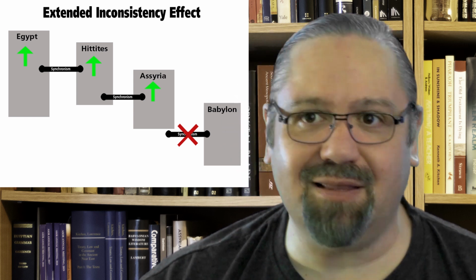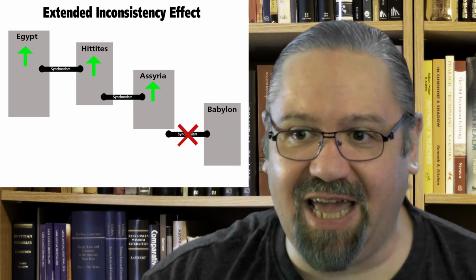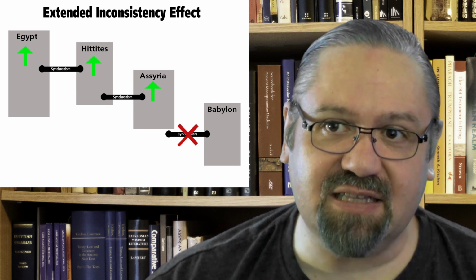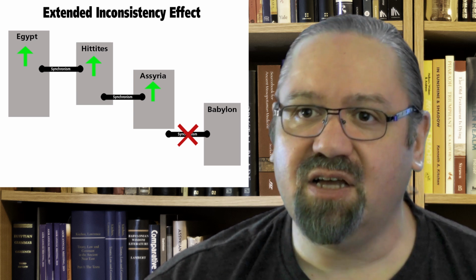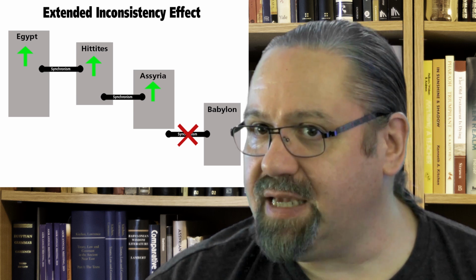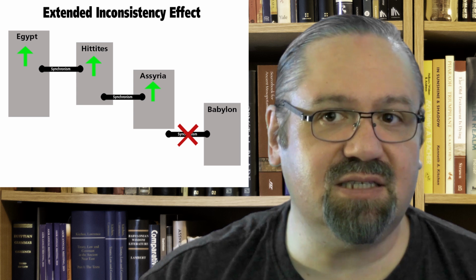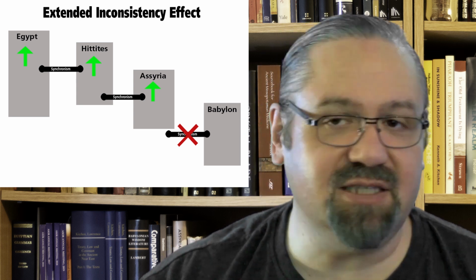It's not immediately apparent from your initial proposed change that this effect can occur 2 or 3 degrees of separation away from the change. This is the extended inconsistency effect, and you can only detect it by computer analytics.